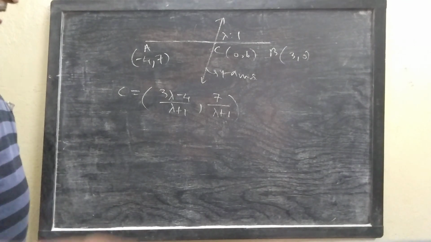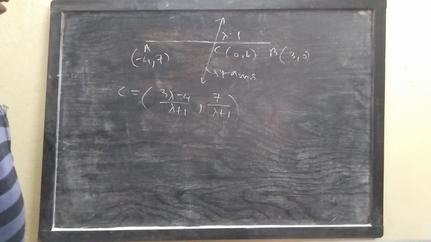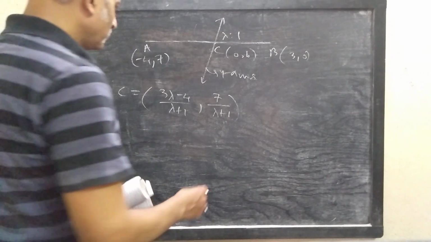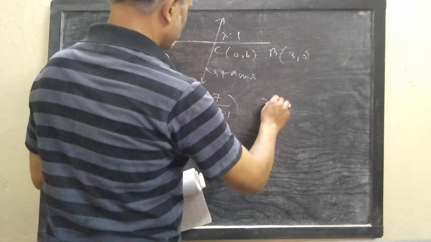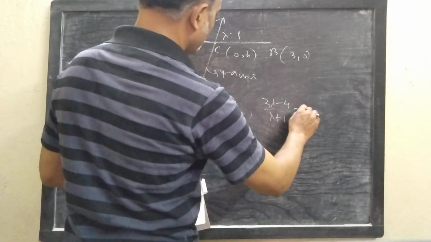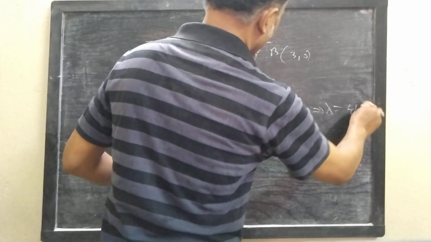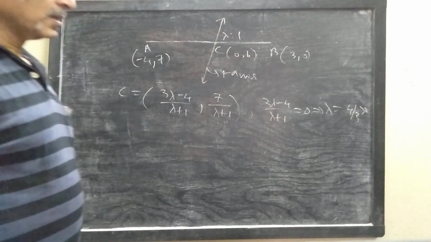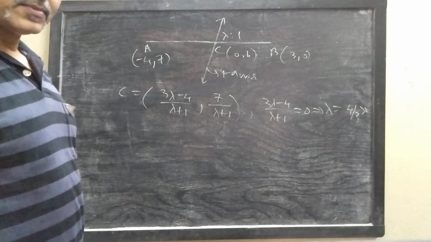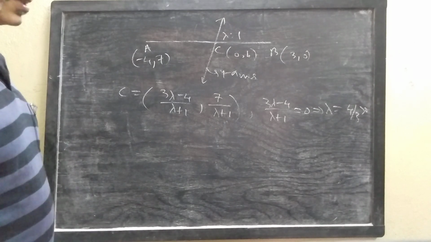Now, as the point of division lies on the y-axis, its abscissa should be 0. So you have the equation 3 lambda minus 4 by lambda plus 1 equals 0. This gives lambda equals 4 by 3, positive. The value of lambda is positive, which implies that the point of division divides it internally.